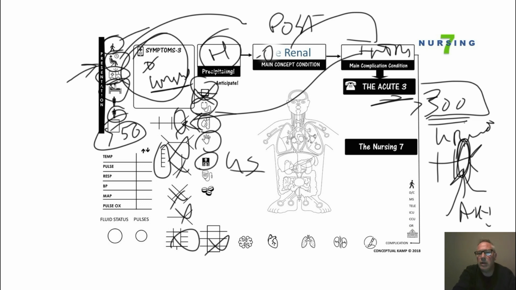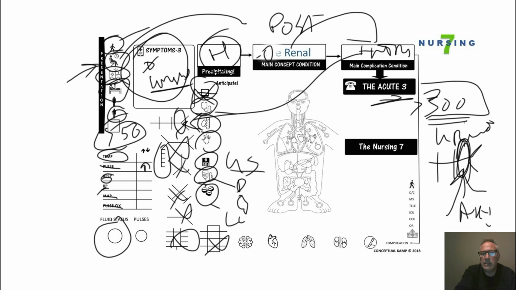Diagnostics: ultrasounds of the kidneys, and also bladder scanning. IV fluids, no, because they can't output, and Lasix sometimes just to evaluate. Temperature, not really. Pulse, increased because of pain. Respirations, no. Blood pressure issues, no. Pulse and MAP. Fluid status, they're filled and they can't quite urinate, and that's the issue.